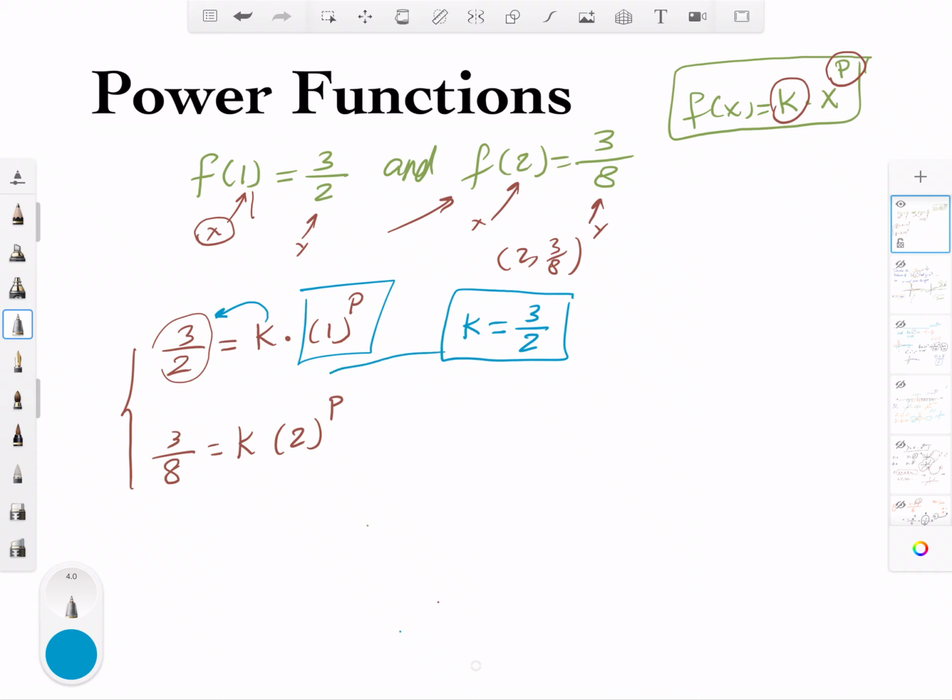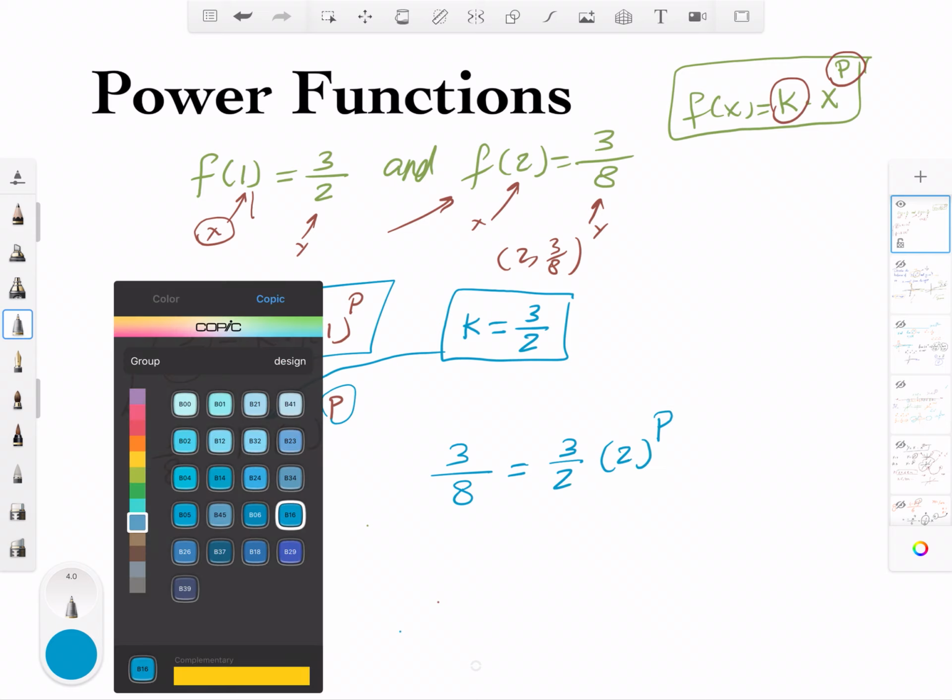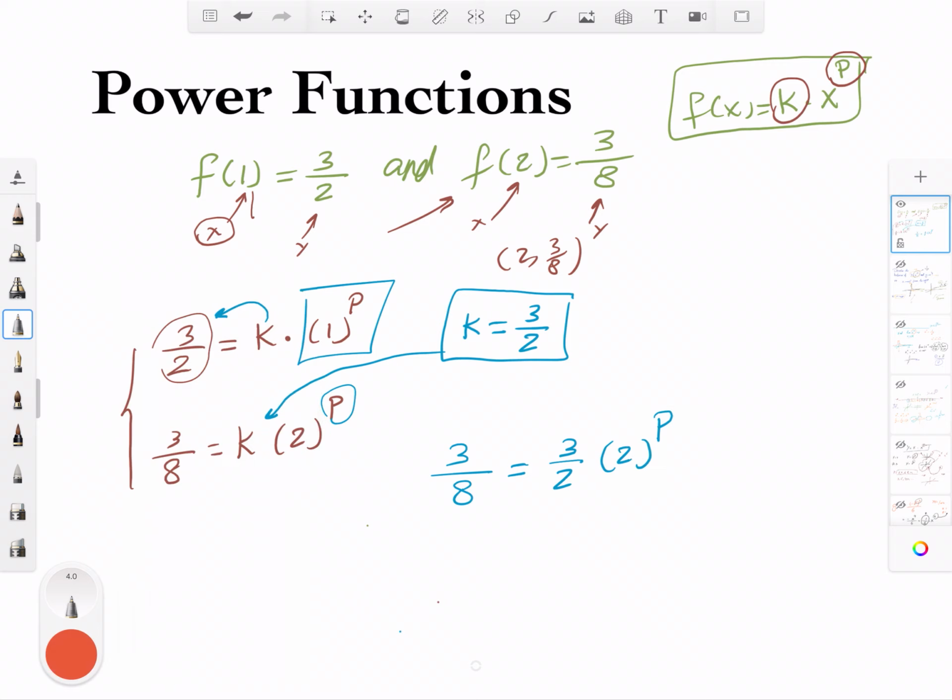Now I apply k over here to solve for p. So we have 3/8 equal to 3/2 times 2 to the power of p. So I'm going to cancel this 3. This is going to be 1 over 4 equal to 2 to the power of p.